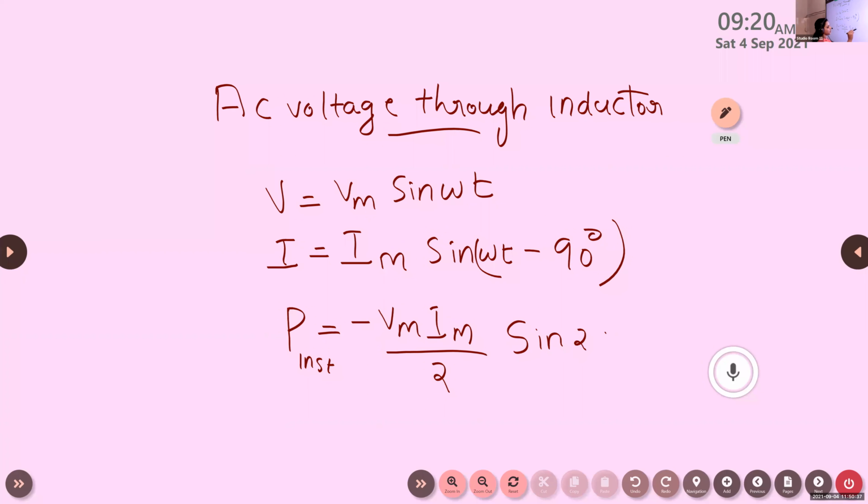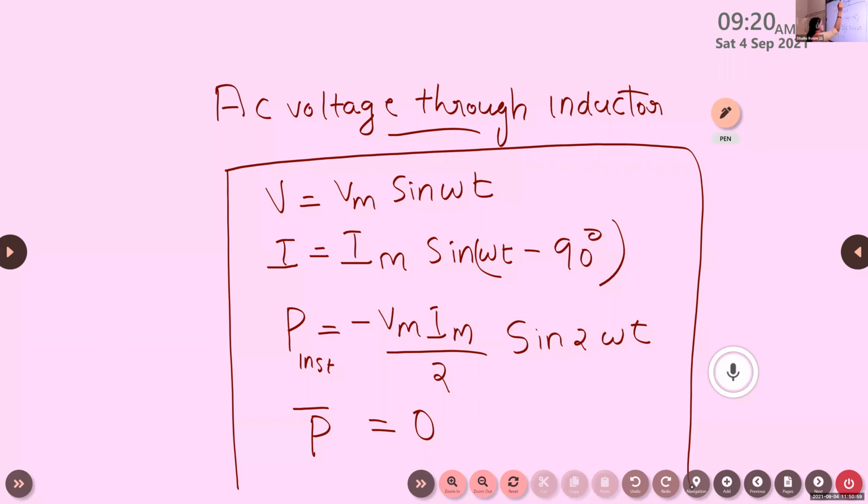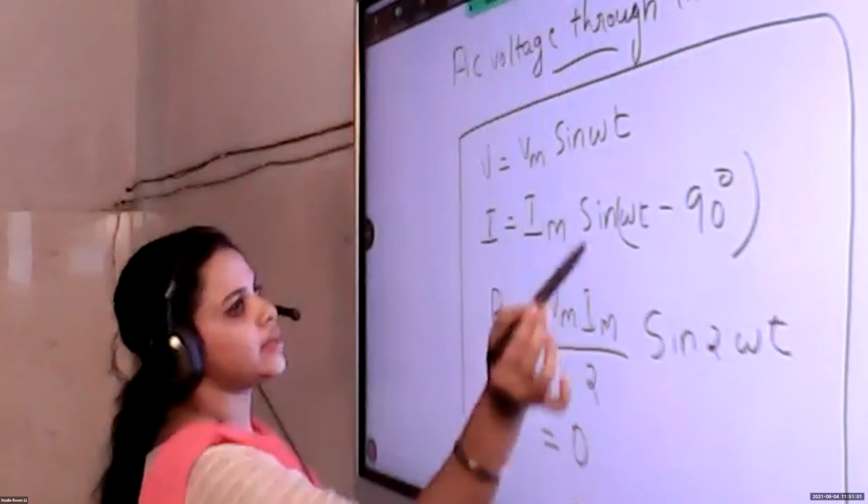And then the average value of power? 0. So these are the equations that come under AC voltage through inductor. Okay, students, with this we can wind up this session.